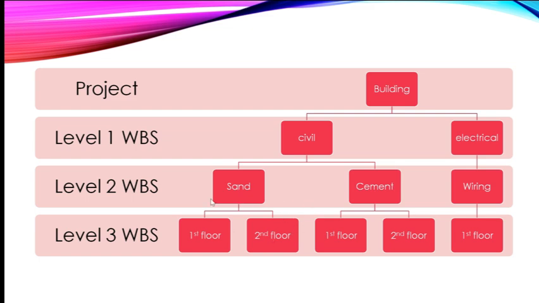But still, if I dig in further, in the first floor, if I expand this structure, I will be having one more level of WBS, which is level 4 WBS. For the first floor, I will break this down further into first house, second house, third house, fourth house, as I have four houses or homes on the first floor, right?